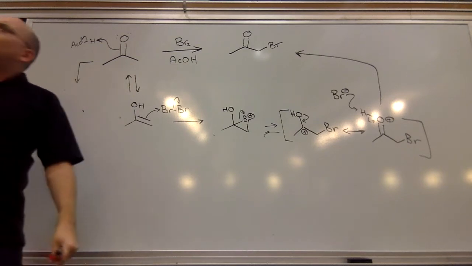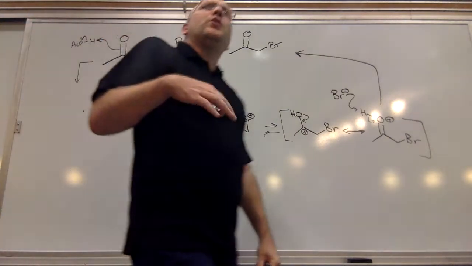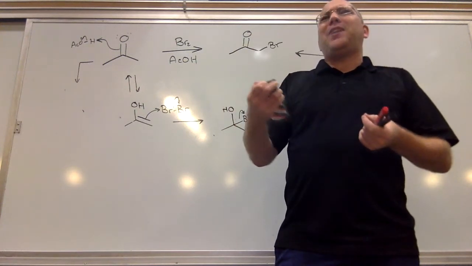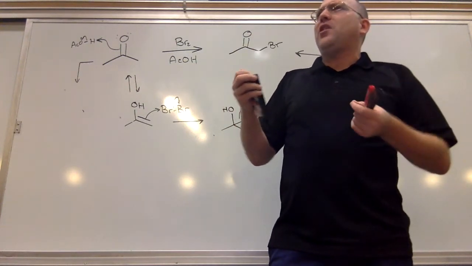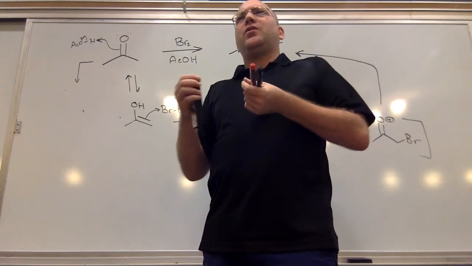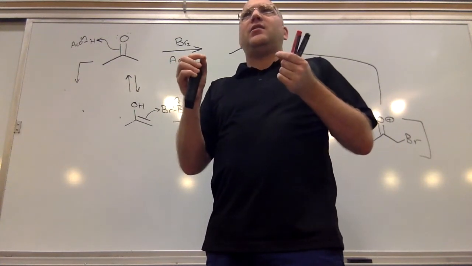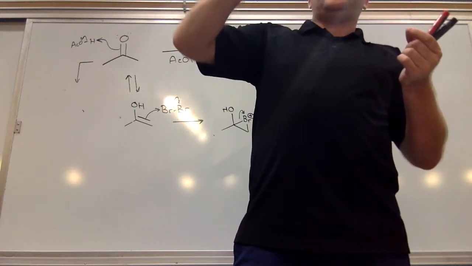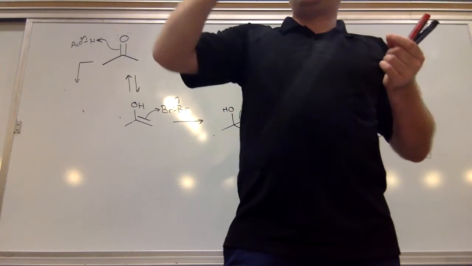So as I mentioned, when I was running this reaction, I used a catalytic amount. I thought I used a catalytic crystal of iodide, and I think you guys did this as well in one of the earlier labs. The iodide basically serves to promote the formation of acid.